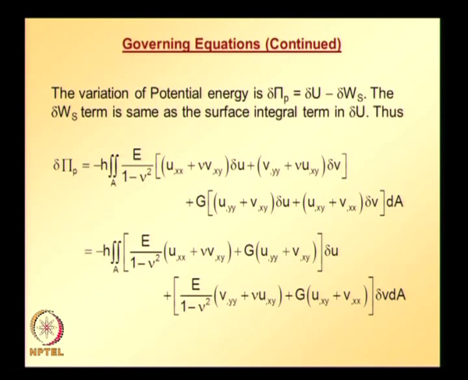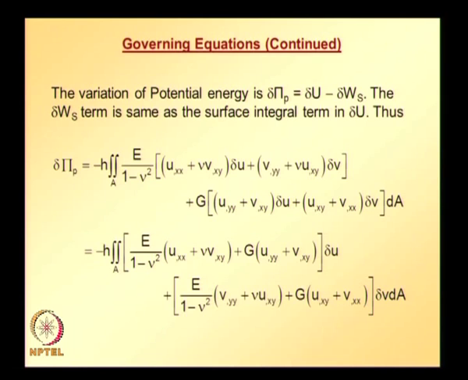If you see this equation, please notice that the variation of u and variation of v are arbitrary, and we need to see on what conditions this variation of Pi is going to be 0.